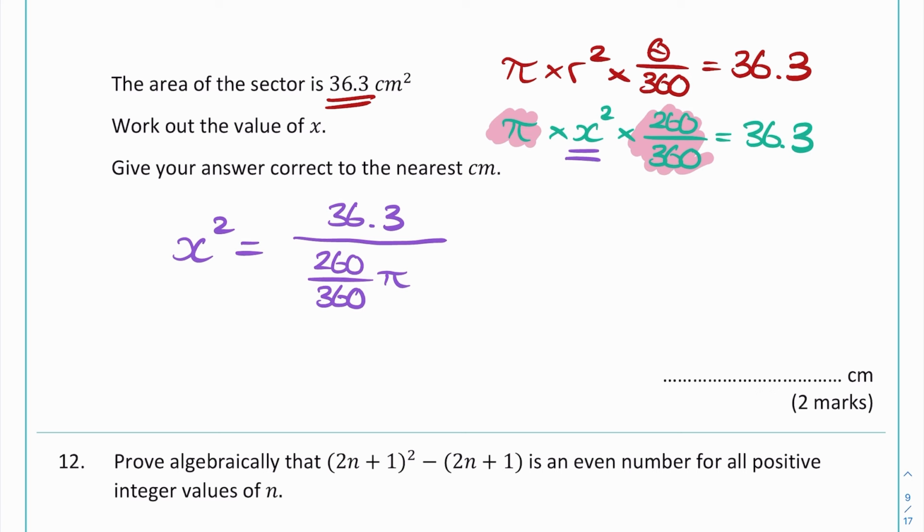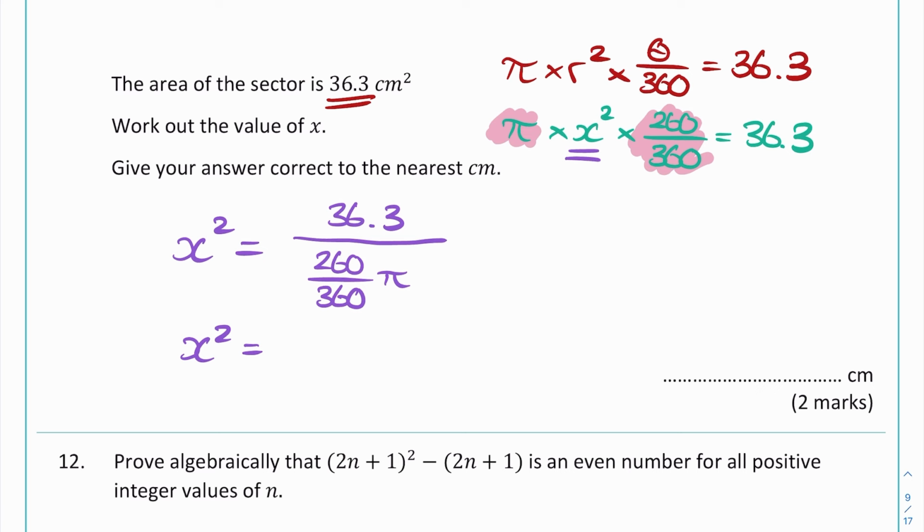And you can probably type that into your calculator and make it look a little bit neater, but I'm just going to write it all like that because that is going to tell me what x squared equals. I'm going to type it in my calculator just like that. If you don't have a scientific calculator, which hopefully you do for this higher exam, you could type those pieces in individually and then type them in as a divide.